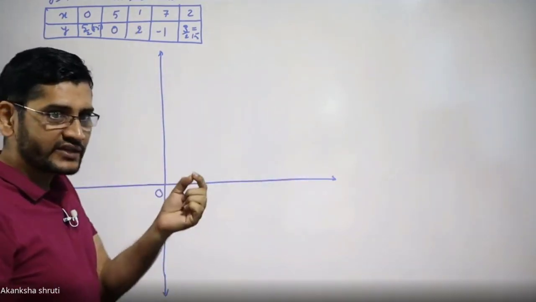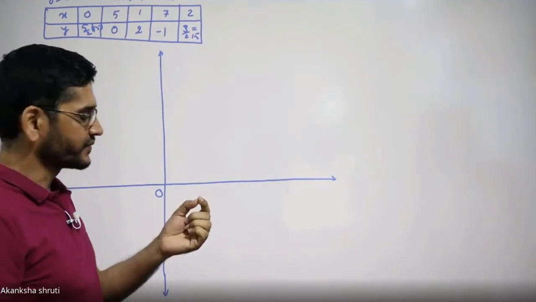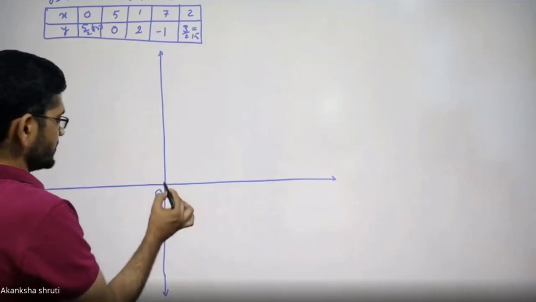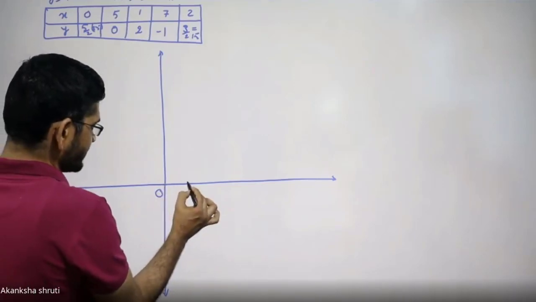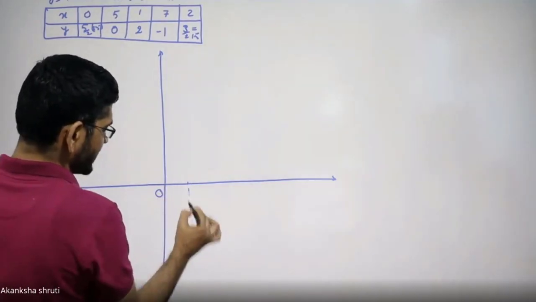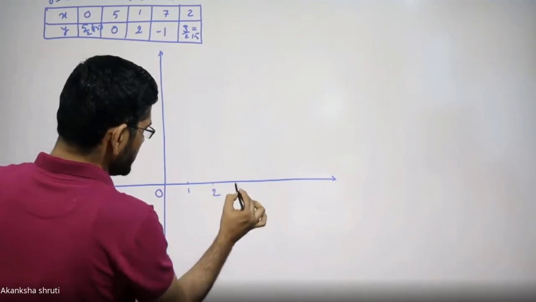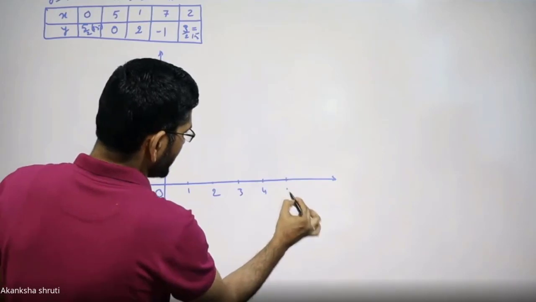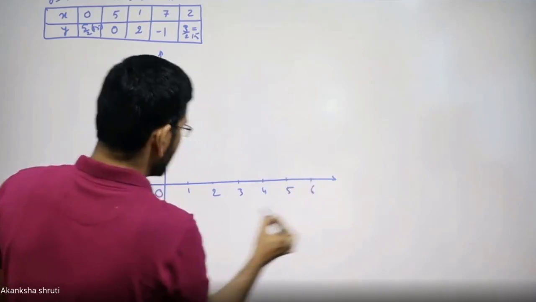There are various small squares, and another one is a bigger square. So take that bigger square as 1, 2, 3, 4. That will be convenient. Let me take 1, 2, 3, 4, 5, 6, like this.